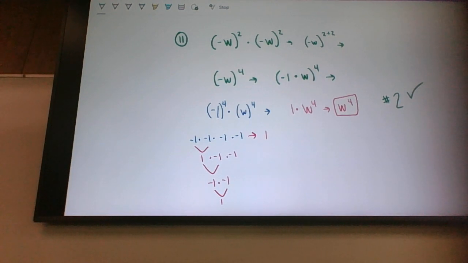Seventeen. Yeah, that needs to be simplified. That's 4 to a 0 power.